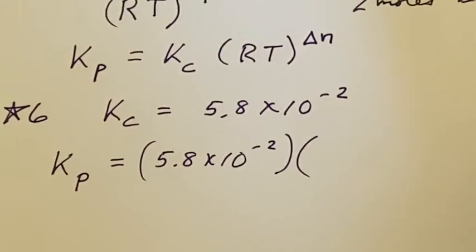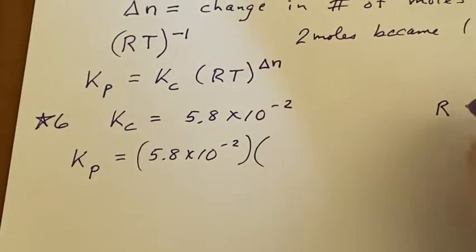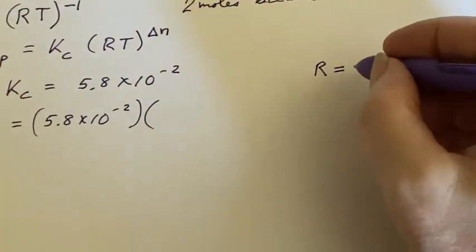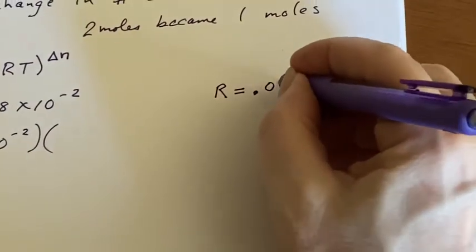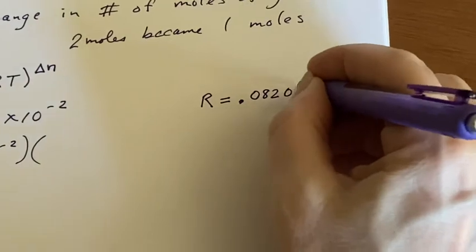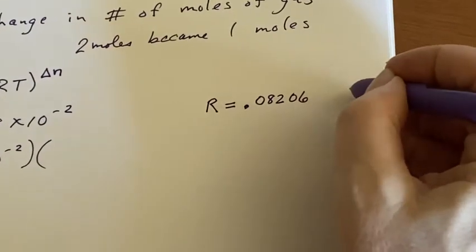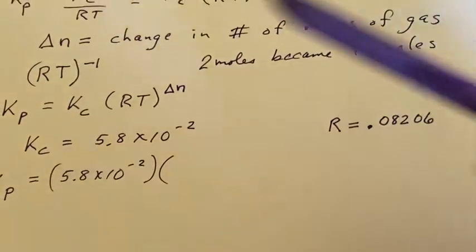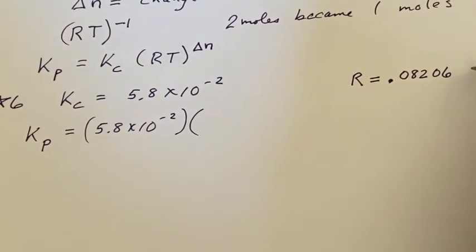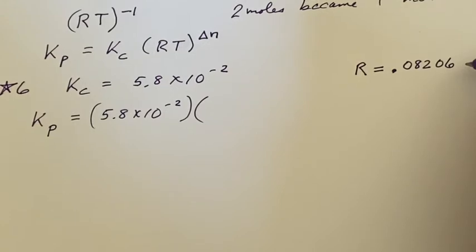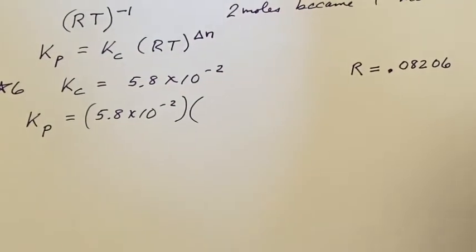So the R that I use should be the one from the gas law: 0.08206. And this is liter atmosphere per mole Kelvin. But because these are equilibrium constants, I don't need to worry about the units. But I do need to use the right number. Okay, so that's the R that I'll be using.